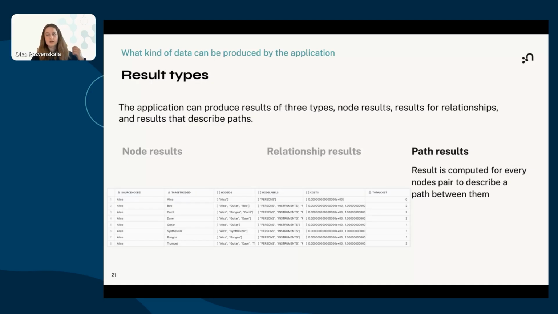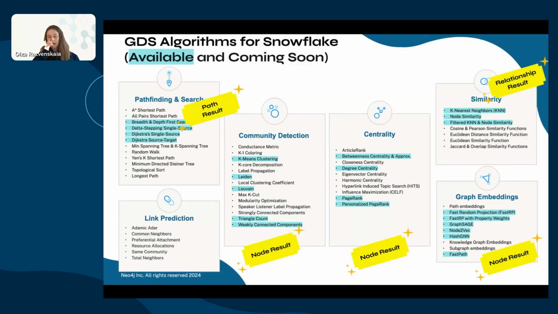This is the type of result which represents the description or the parameters of the path which can be obtained with one of our algorithms. And you can see here that these clusters of algorithms produce specific types of results. Everything is on the slide, so we can move forward.